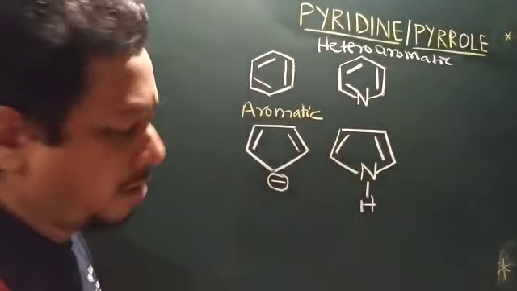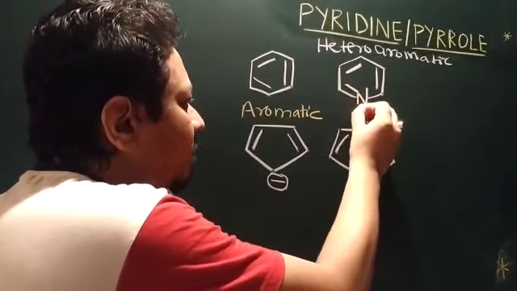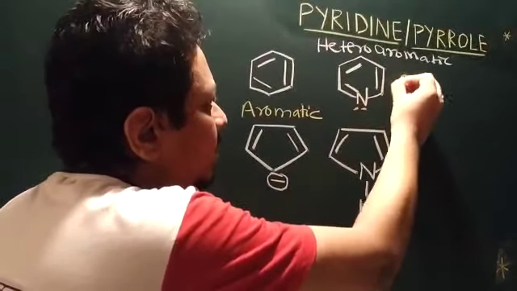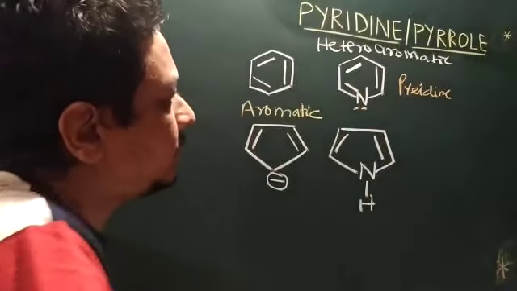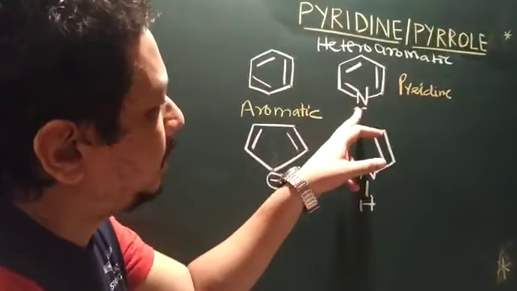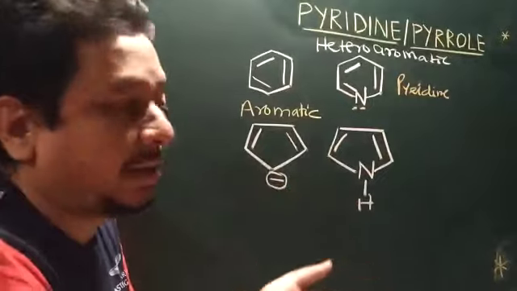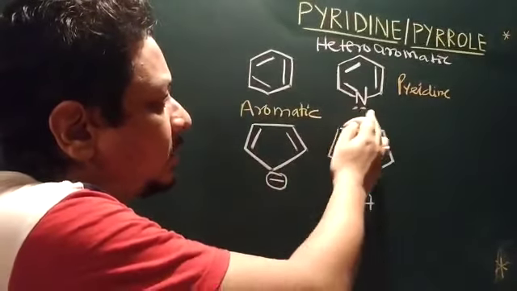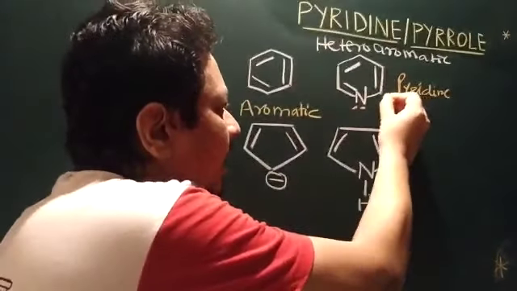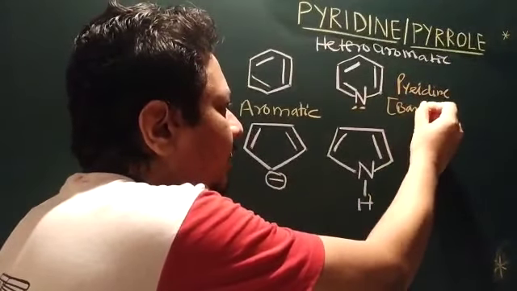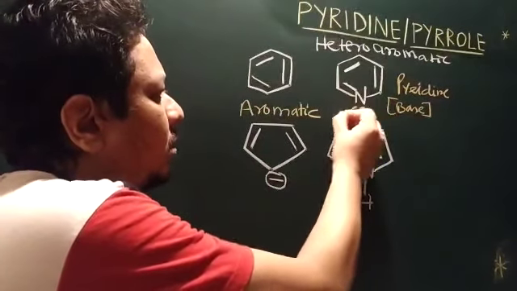Now, the difference of these two types of nitrogen is that the lone pair of this heteroaromatic nucleus, which is known as pyridine, is not delocalized in the ring. It is not participating in the resonance. So that's why this lone pair is always available, and that's why pyridine can act as a weak base. On top of that, this nitrogen is sp2.